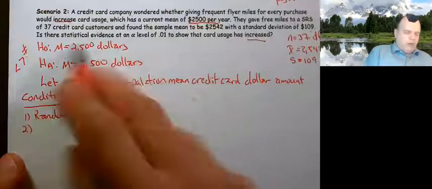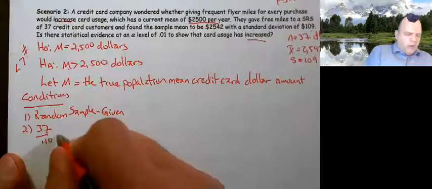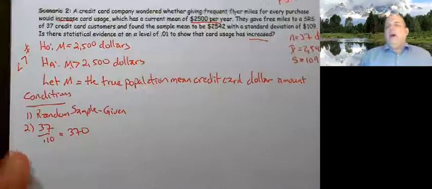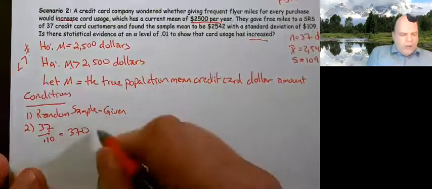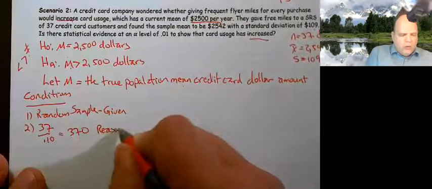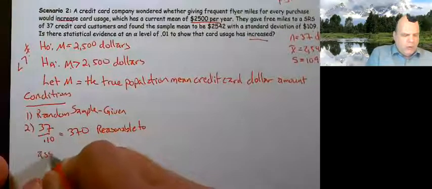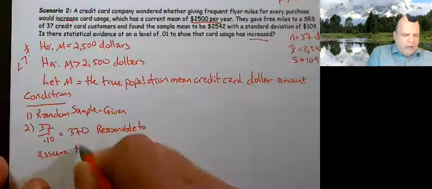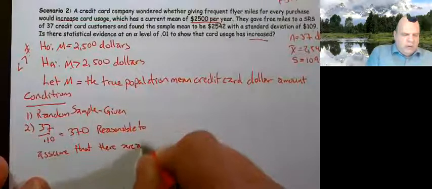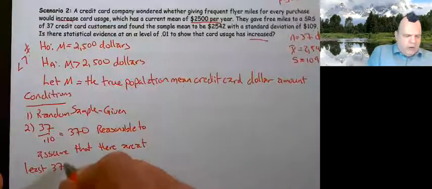Well, we surveyed 37 people, so 37 divided by 0.10 equals 370. I'm going to say it's reasonable to assume that there are at least 370 card users.